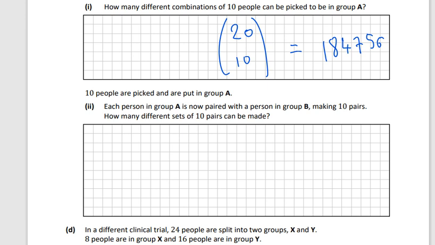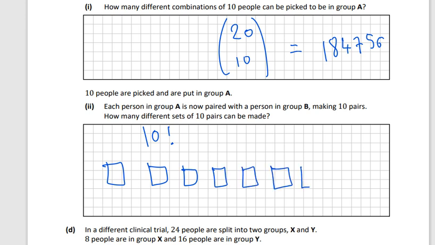Right, second part, it's just going to be 10 factorial. If you think about it, if you put 10 boxes here, if you imagine that that's the first person there, this is Group A, we'll say. So Group A are all going to choose a person from Group B. So the first person would have 10 different people to choose from.